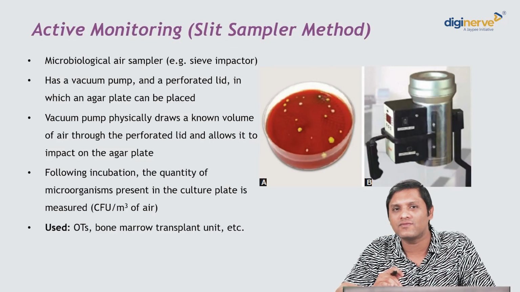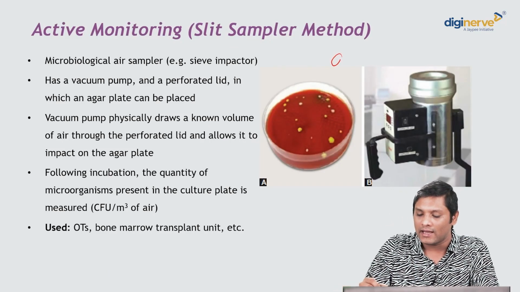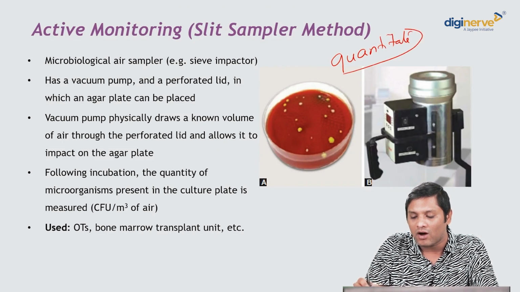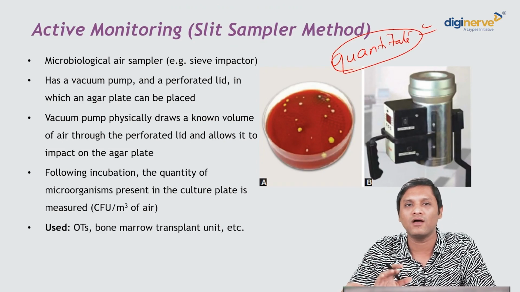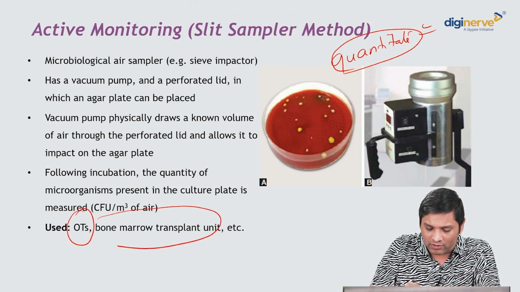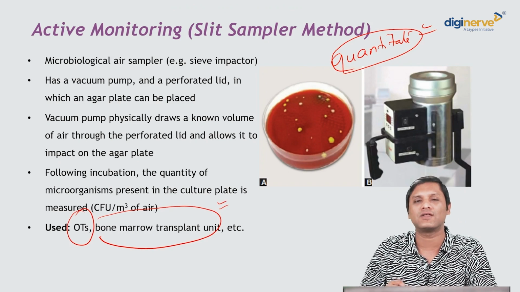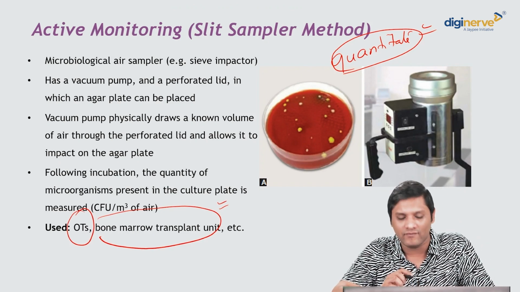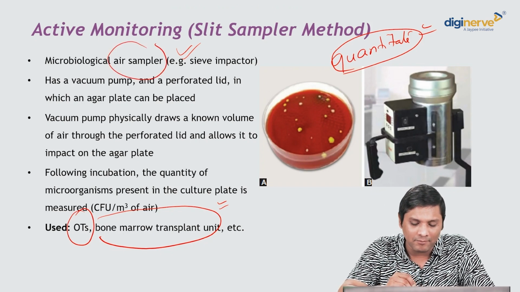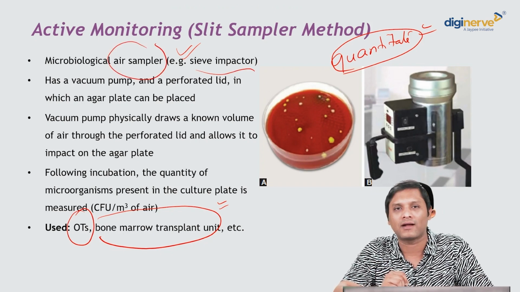The advantage of the air sampler method is that it can reliably quantitate the organisms present in the air. So it is useful for the operation theater and bone marrow transplant unit. All these are locations where air sampling can be done by the air sampler or sieve impactor method.